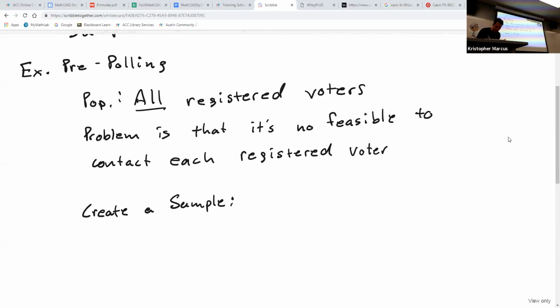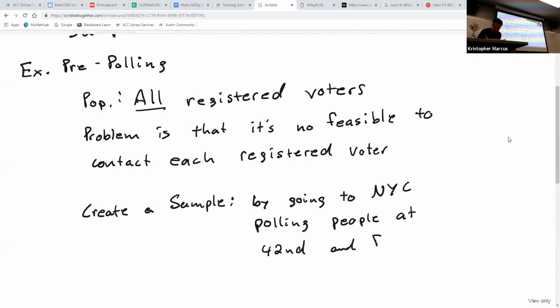What if we create a sample by going to New York City and polling people at 42nd and Broadway? And just envision this. You're out there with your clipboard at 42nd and Broadway trying to stop people and ask them. Doesn't sound like a very good idea to me.